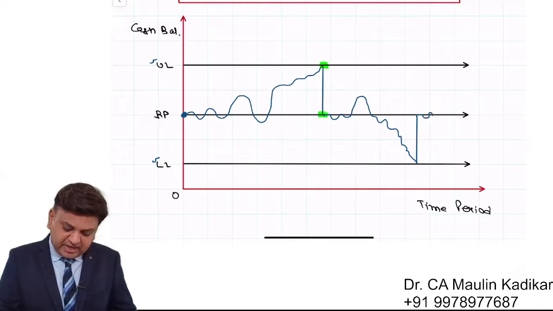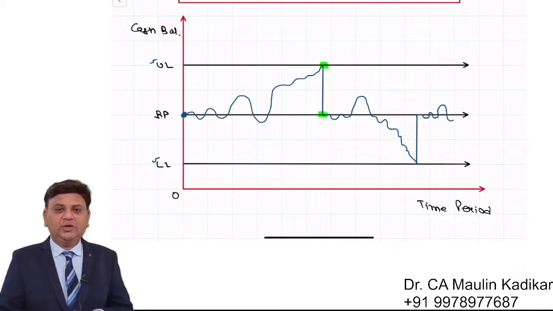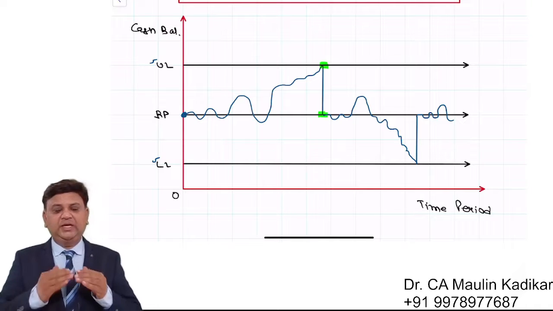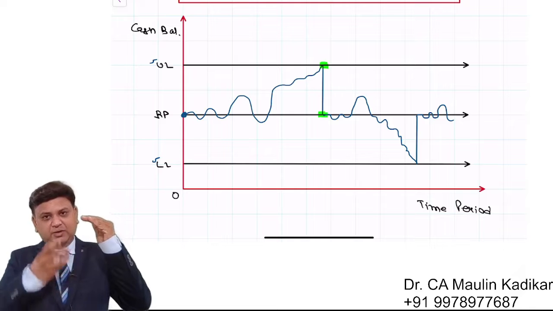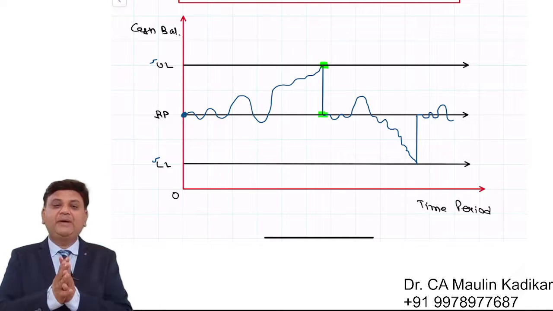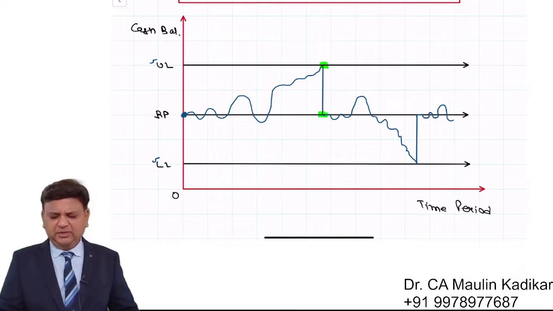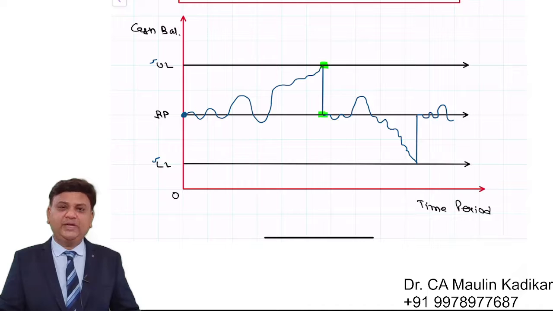Again, the balance will have a variation like this. So what you have to do, listen carefully. If the balance increases to the upper limit, then bring it down by making investment of the excess funds in the liquid securities. How much amount should be invested?